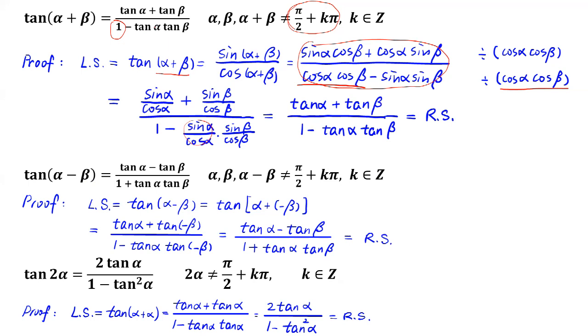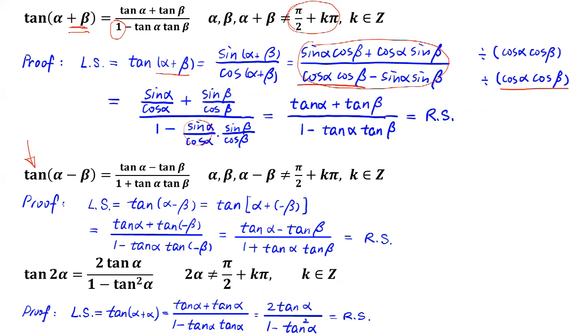Understand? Okay, so for the next one, if we have already proved that tangent of alpha plus beta is tangent alpha plus tangent beta over 1 minus tangent alpha times tangent beta, we can simply substitute the positive beta with a negative beta, right?